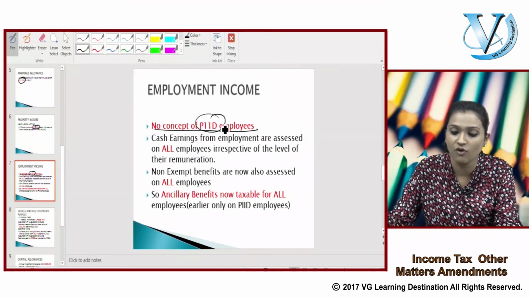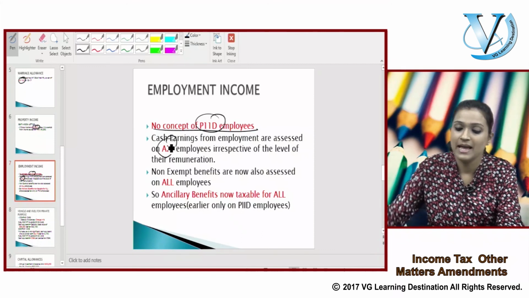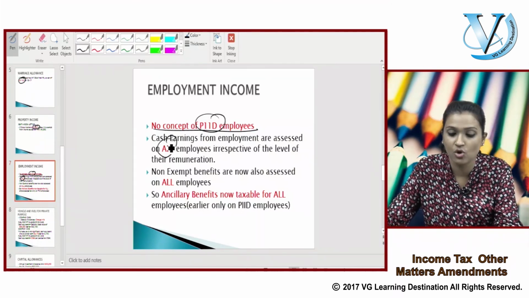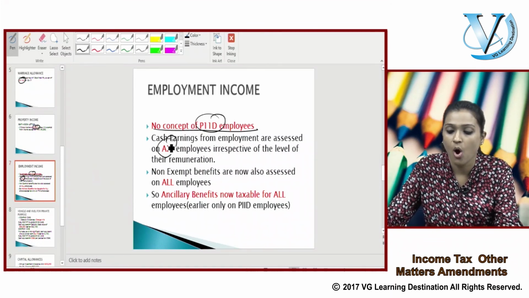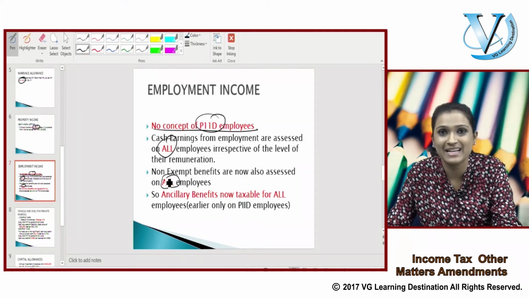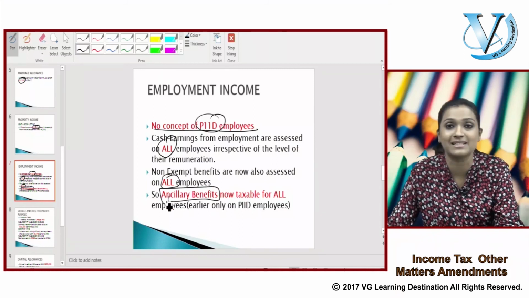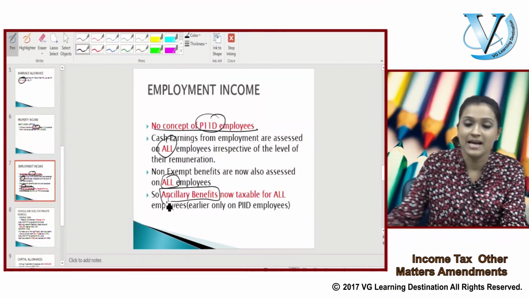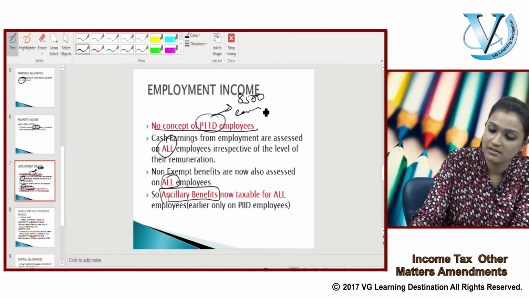Cash earnings from employment are assessed on all employees irrespective of the level of their remuneration. Also, non-exempt benefits are now assessed for all employees. So basically, ancillary benefits which were earlier only taxable for P11D employees, remember your £8,500 earnings test?